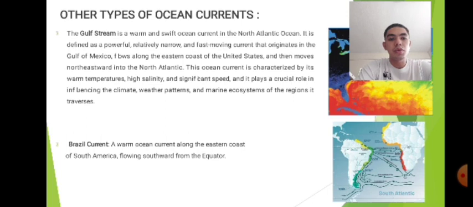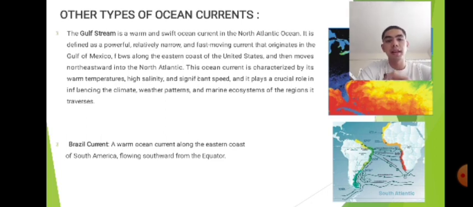This ocean current is characterized by its warm temperature, high salinity, and significant speed. It also plays a crucial role in influencing the climate, weather patterns, and marine ecosystems of the regions it traverses.